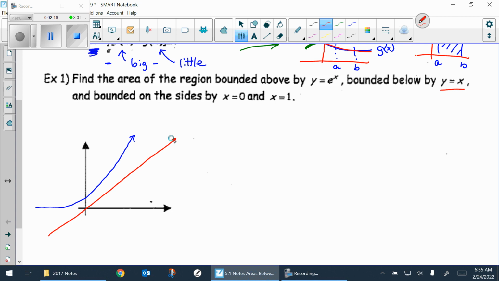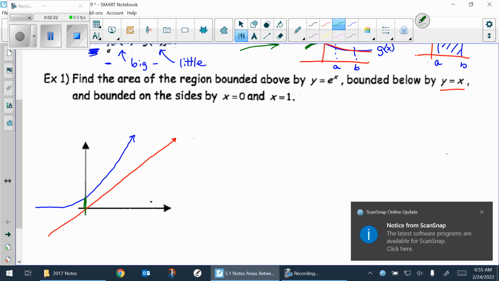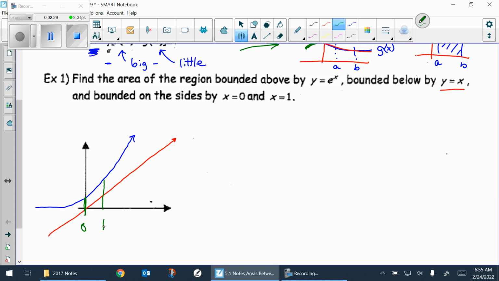Now, we would like to find the area that's bounded by those two between x is 0 right here, and x is 1 right here. So this is what that region would look like.